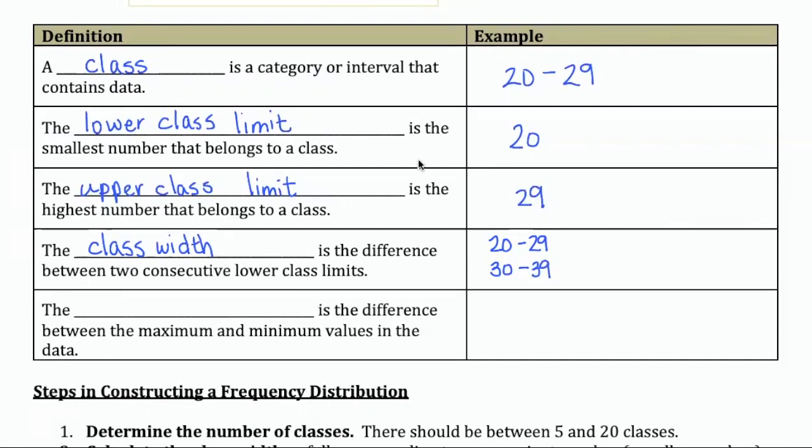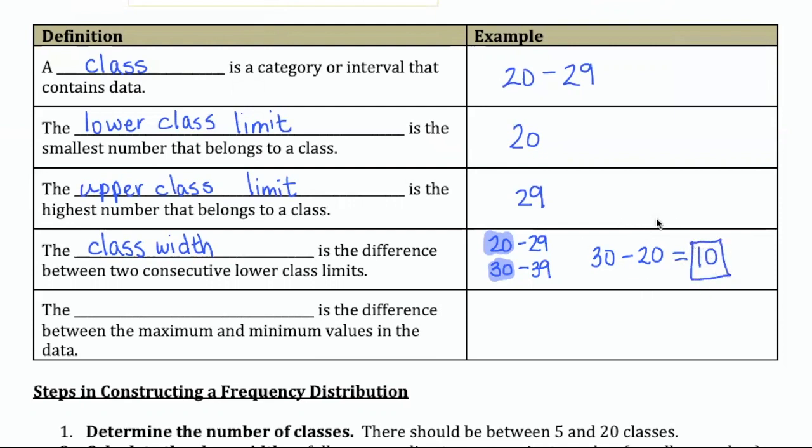The class width is defined as being the difference between these two consecutive lower class limits. And difference really does mean subtraction. So you would take the larger number 30, subtract the lower number 20, and that gives you 10, and 10 is my class width.